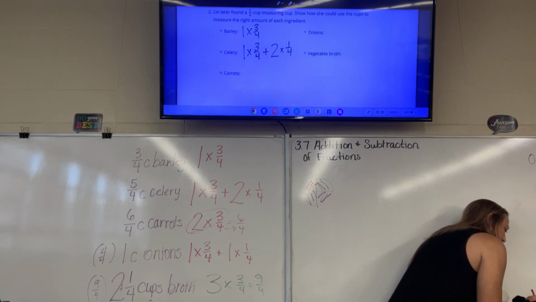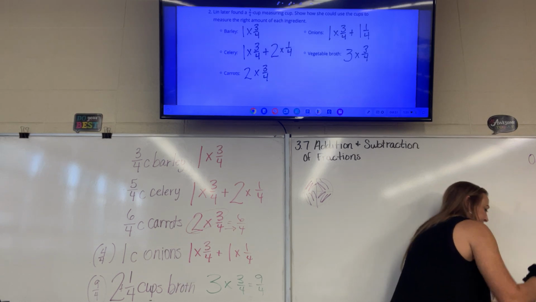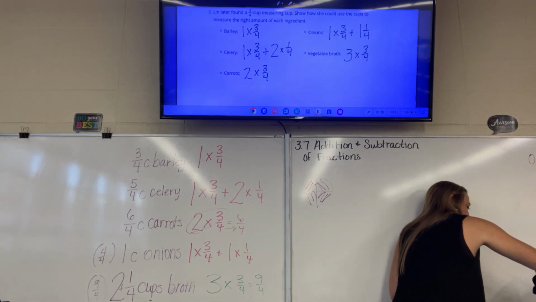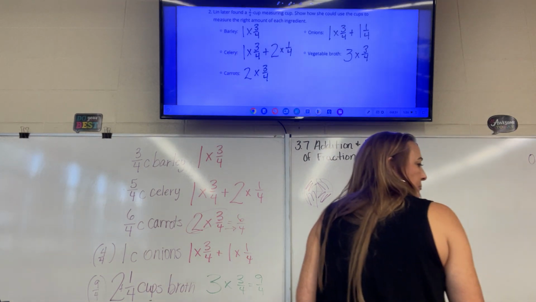For carrots, I'm gonna do 2 of the 3/4. And for onions, I'm gonna do 1 of each, 1 of the 3/4 plus 1 of the 1/4. And for vegetable broth, I'm gonna do 3 of the 3/4. Okay. Did you guys get all that written down?